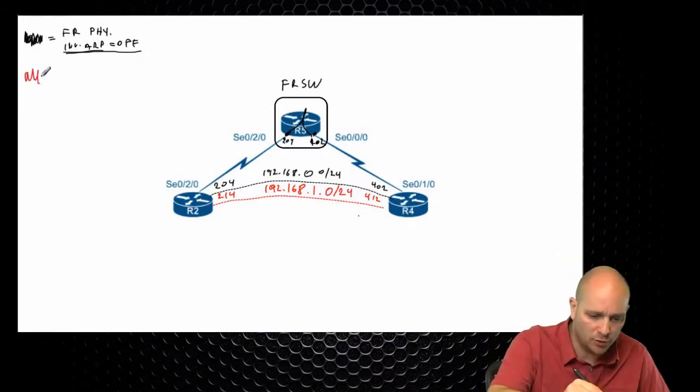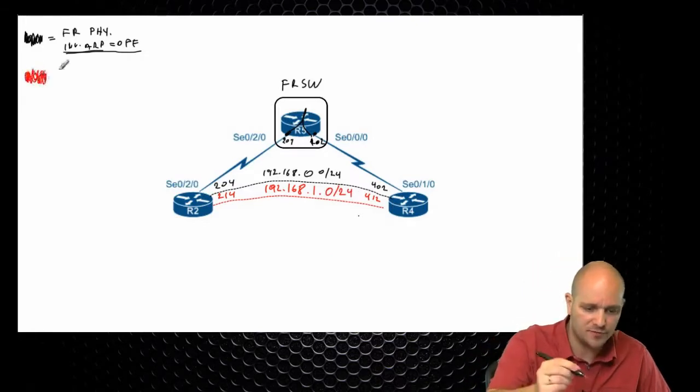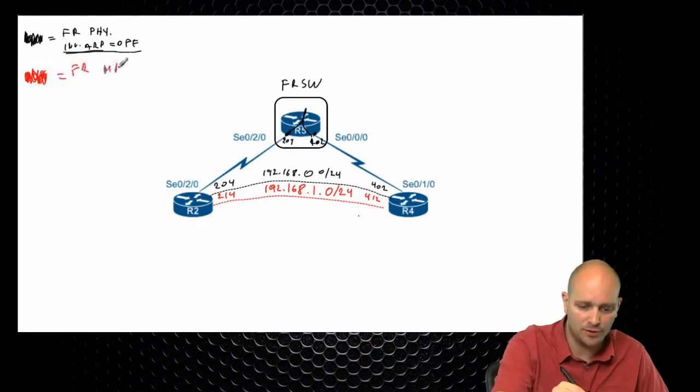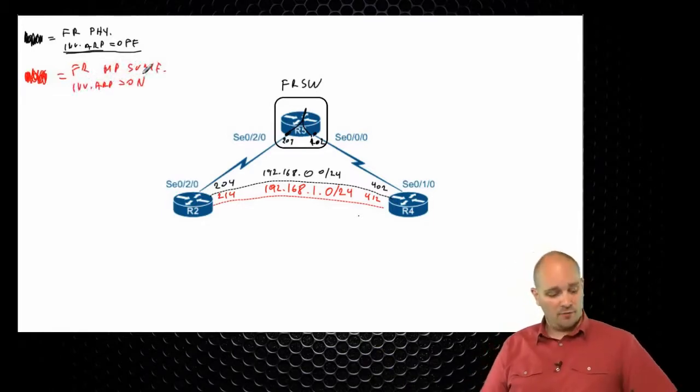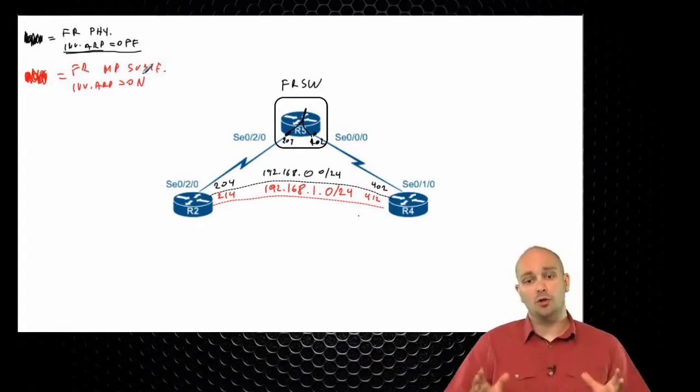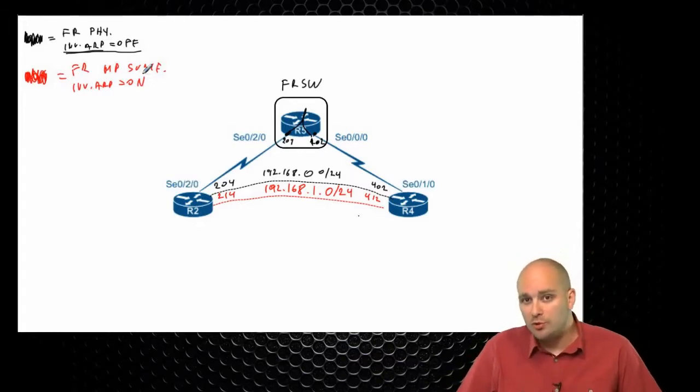And for this one, let me write down the requirements. We are going to use the Frame Relay multipoint subinterface, and we want to have inverse ARP on for this. Furthermore, for this example, I'm not going to be using the frame routes.